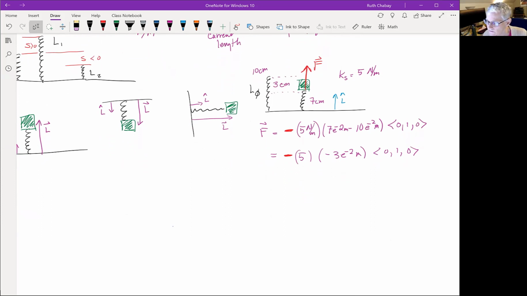Now let's see what happens if the spring is stretched. Does that still give us the right answer? Let's consider up here, if we have the spring, the mass is oscillating up and down. And now let's say the length of this spring is 14 centimeters.